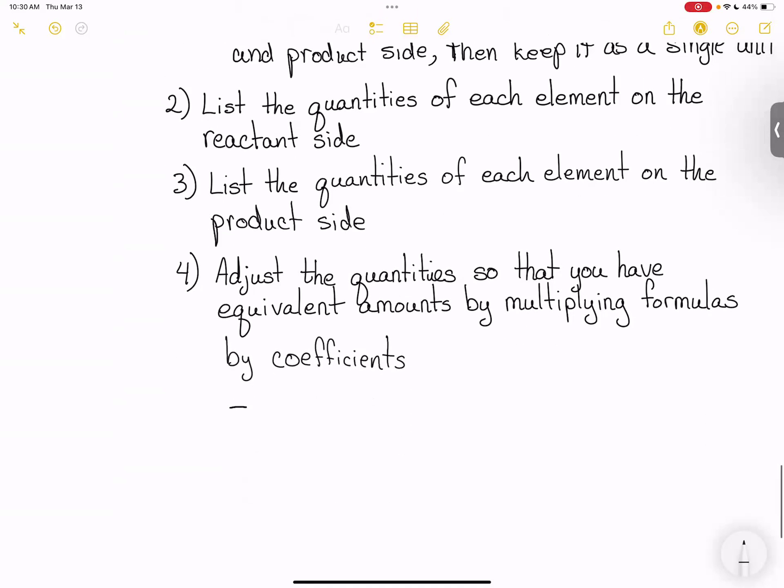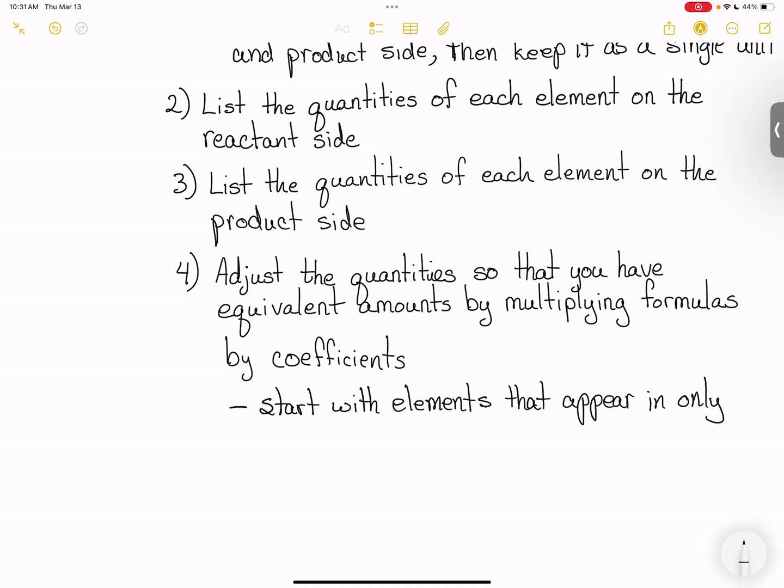When you're doing this step, you're going to start with elements that appear in only one reactant and in only one product first.